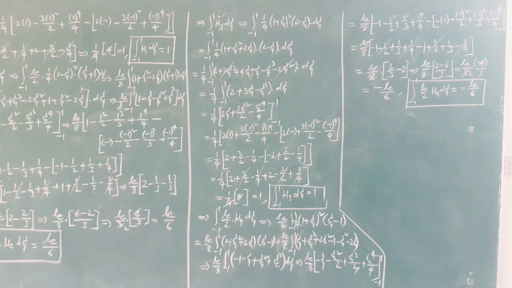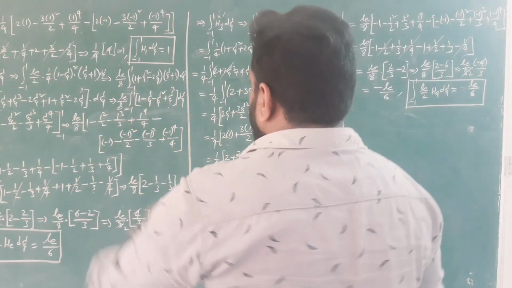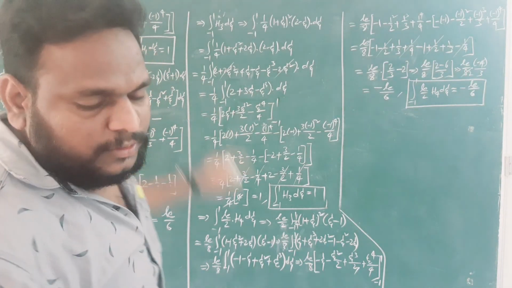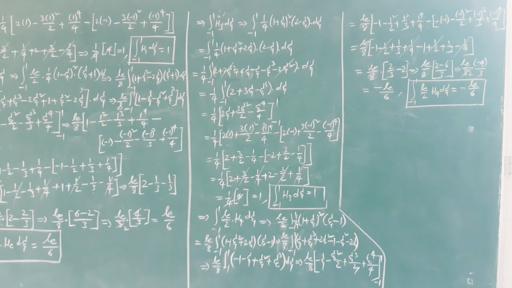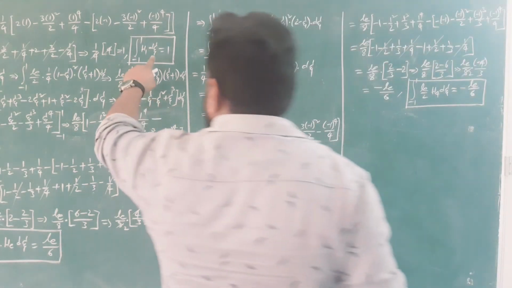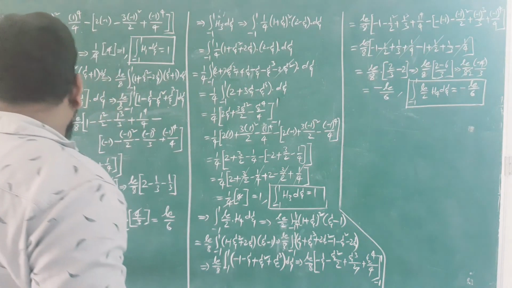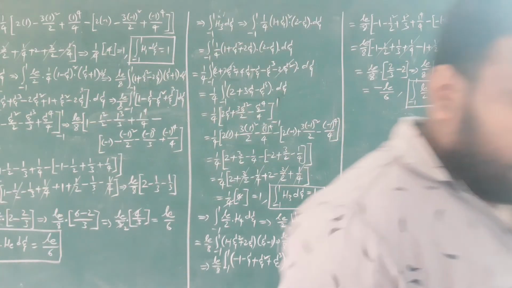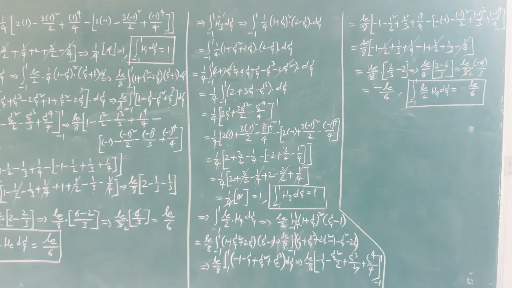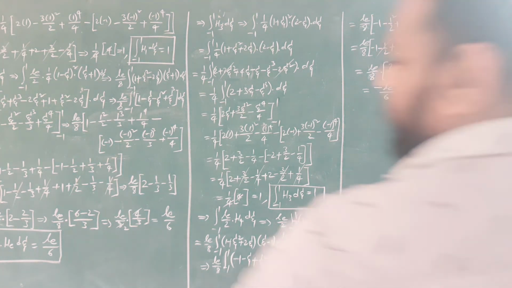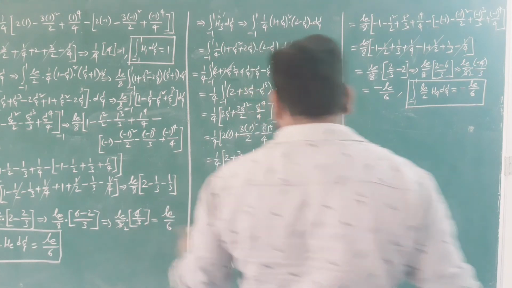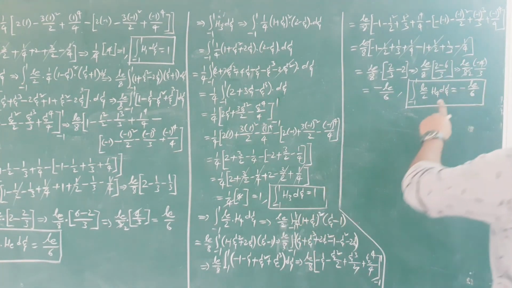Okay, I have already told you that we got the values of H1, H2, H3, H4. So substitute this: this is the H1 value, this is the H2 value, this is H3, and this is the H4 value.